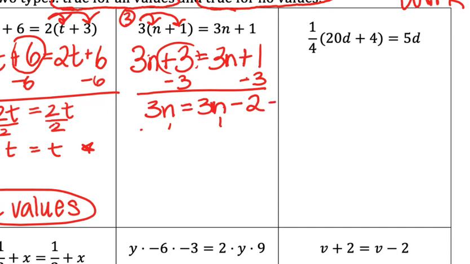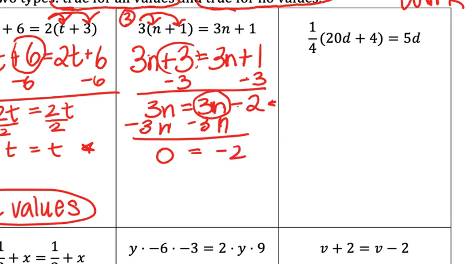So if my constant is over on the right, let me get my variable to the left. So I'm going to get rid of this 3n. 3n minus 3n is 0 minus 2. Will 0 ever equal negative 2?